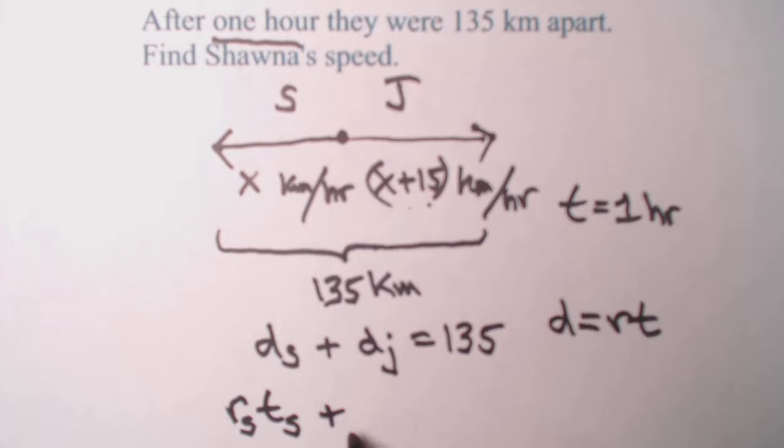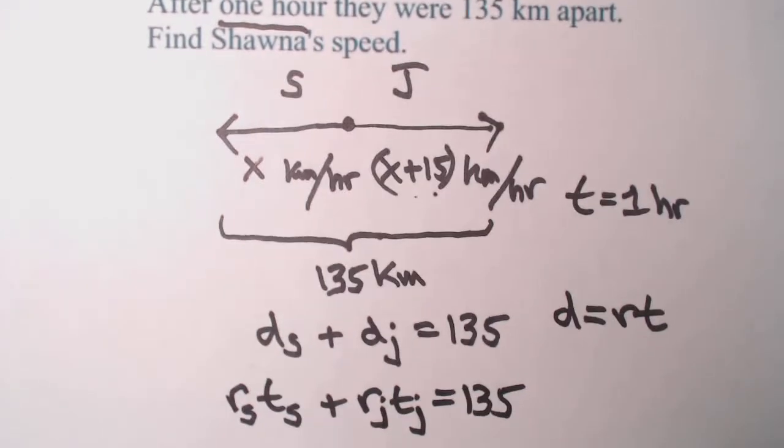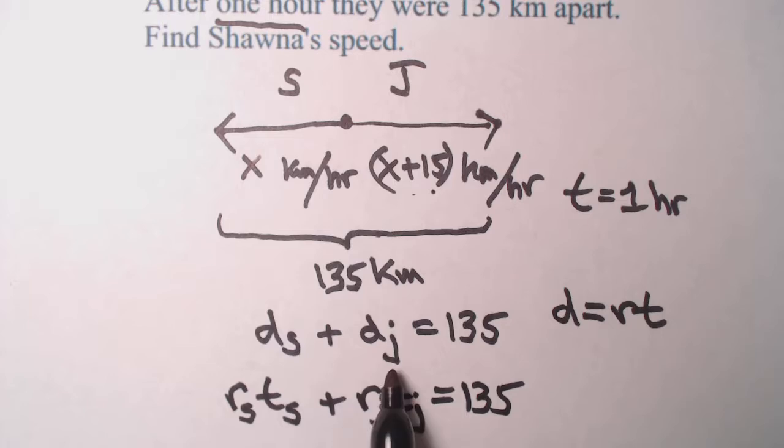Julio is going to be R sub J, T sub J equals 135. So here's the power of doing this. We know that the two distances equal 135. Now we simply replace D with what they equal, RT, and we've got information about these guys.